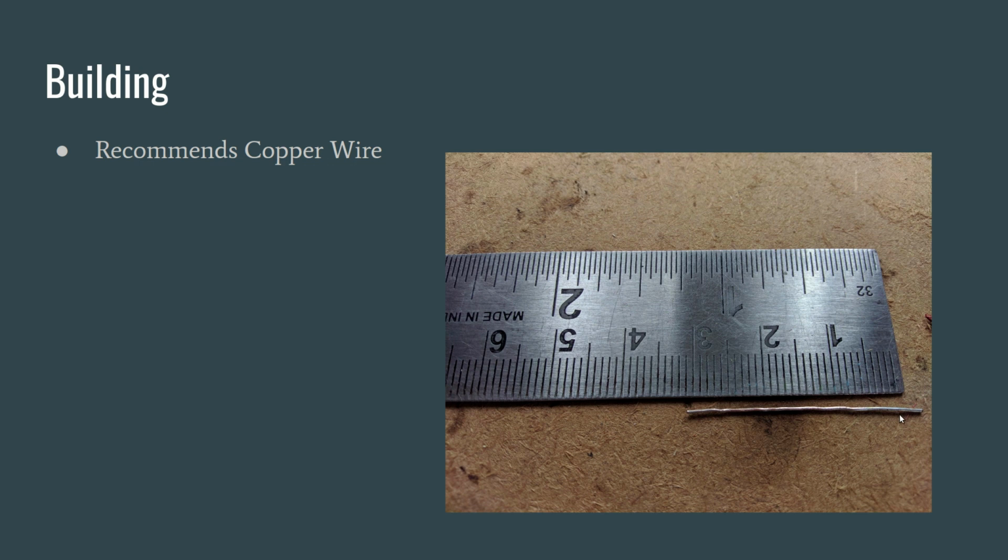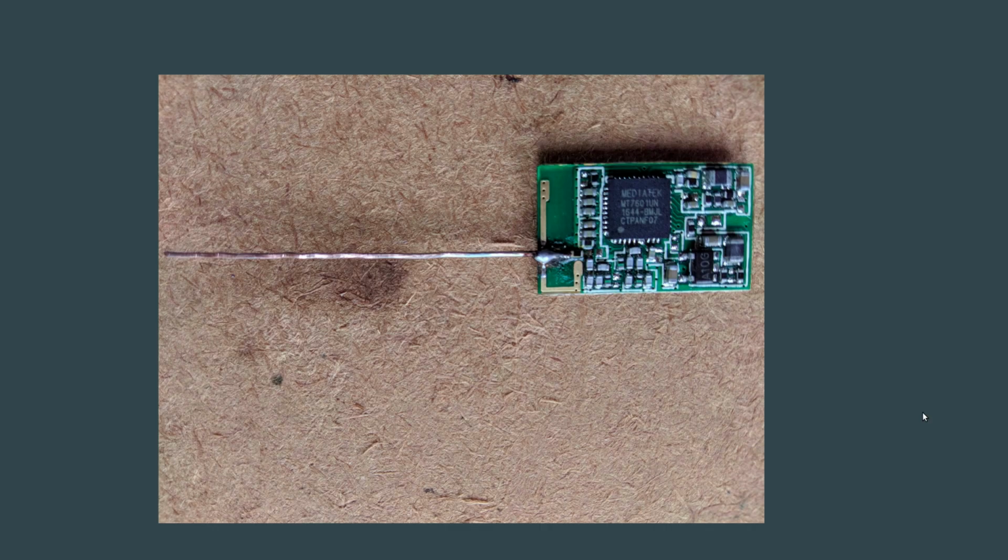It's not even 1 millimeter in size, and its length should be 3 centimeters. In this case, I have some extra length to solder, and this is how it appears after soldering. The balun is preserved, and the place where the signal reaches from this antenna as well as this antenna is a common point, and from this the signal is taken for processing.